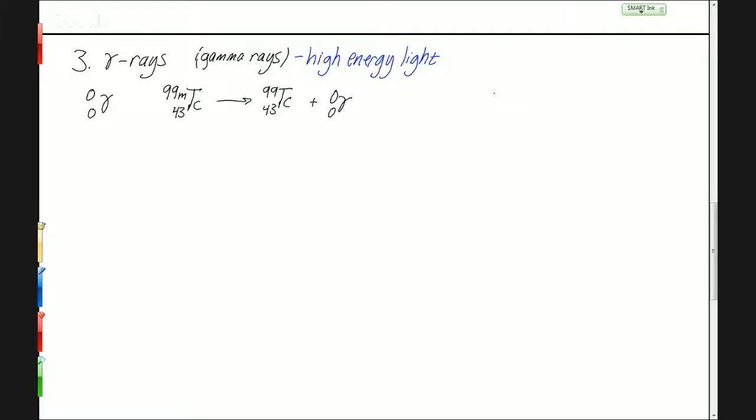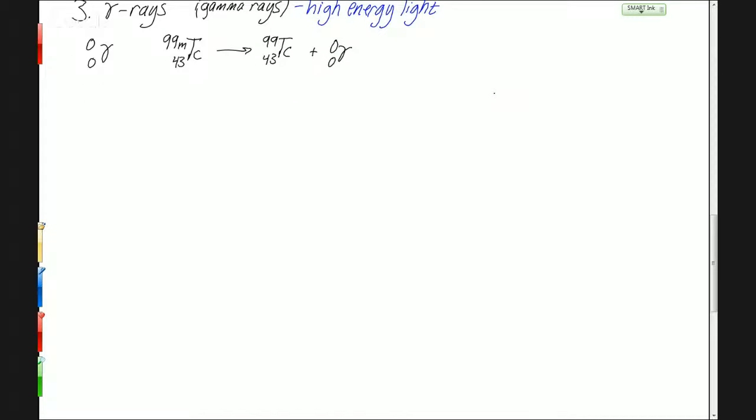A really important one that you should know about, radon 220, decays via alpha decay. So see if you can draw that equation. Write a nuclear equation for radon 220 decay.